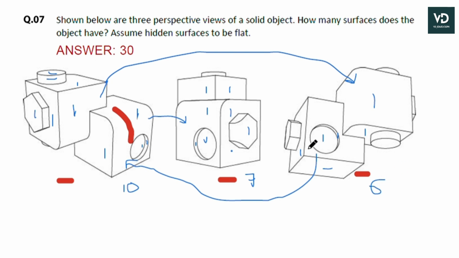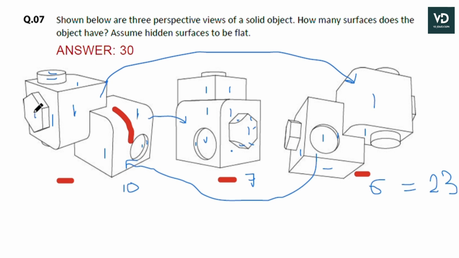Then let us calculate the hexagonal surface. So this will be 1 2 3 4 5. Okay, 2, 3. That was visible to us. Okay, then next this hexagonal is left.